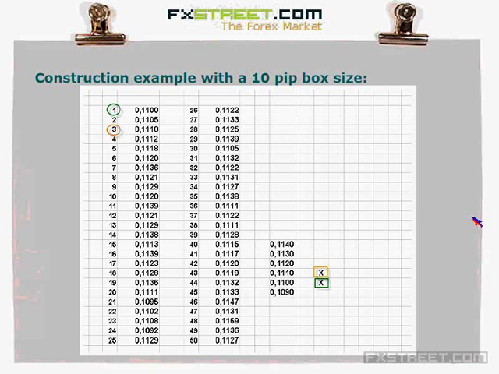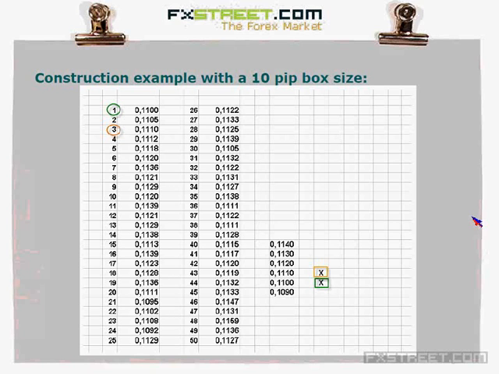Okay, so now what we'll see, and this will answer Ed's question before, is how to manage the fractions. We'll construct a chart based on a price sequence, and in order to construct our chart, we will give a value to the box size of 10 pips.